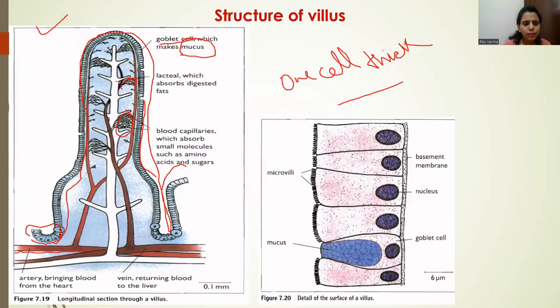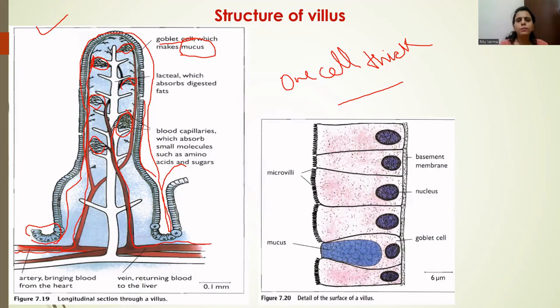This artery brings blood from the heart and enters inside the villus, and forms a network of blood vessels called capillaries. These capillaries are again one cell thick. These capillaries absorb the nutrients, and from these capillaries the blood goes to a vein, and the vein takes this blood to the liver.